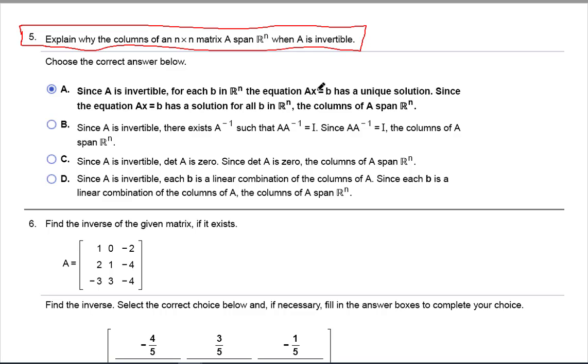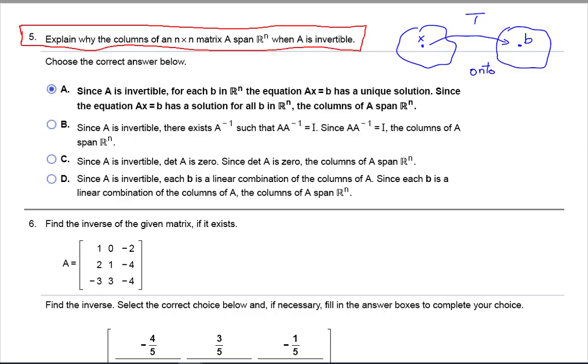There is an X where AX equals B. And so what that means is, anytime I have a B, there is an X. And so this particular mapping or transformation T is onto, and so the columns will span the entire space.